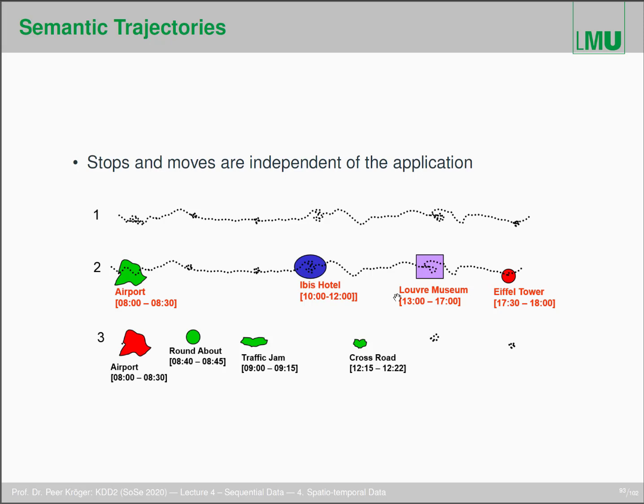So the stops are the real important things to find, actually. And stops and moves can also be independent of the application. You can try to compute stops and moves independent of the application, and then give those stops and moves some meaning, and that is again dependent on the application.